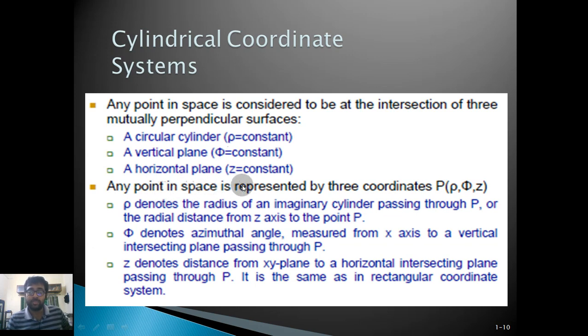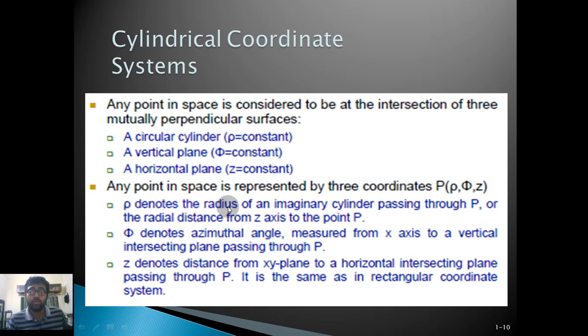Any point in space is represented by three coordinates: rho, phi, and z. Rho denotes the radius of an imaginary cylinder passing through P, or the radial distance from the z axis to the point P. We can remember it using either of these two.